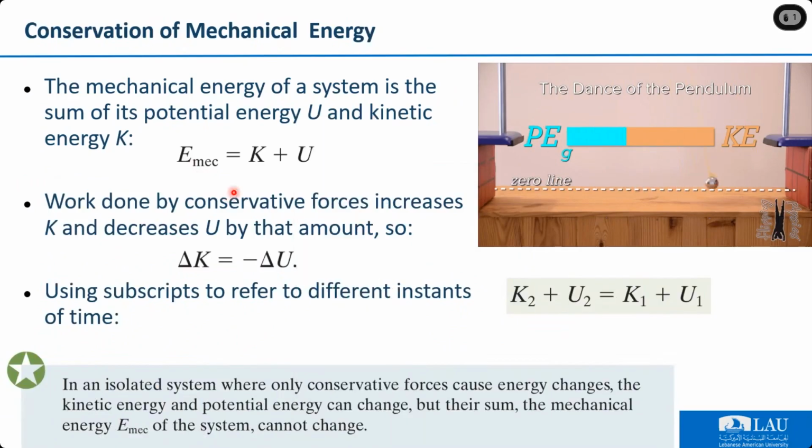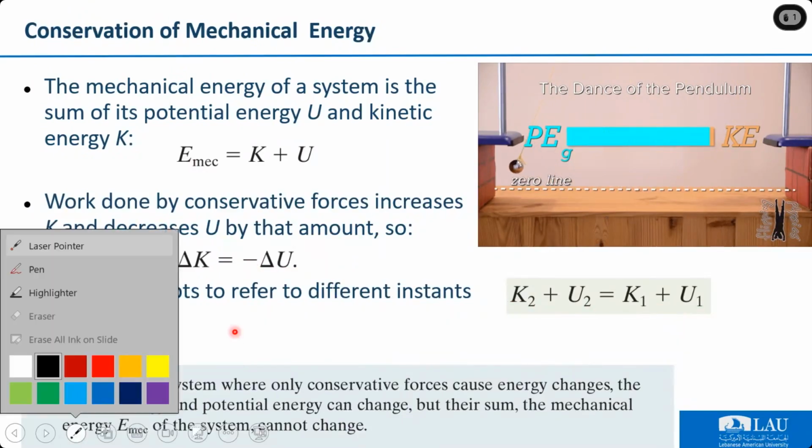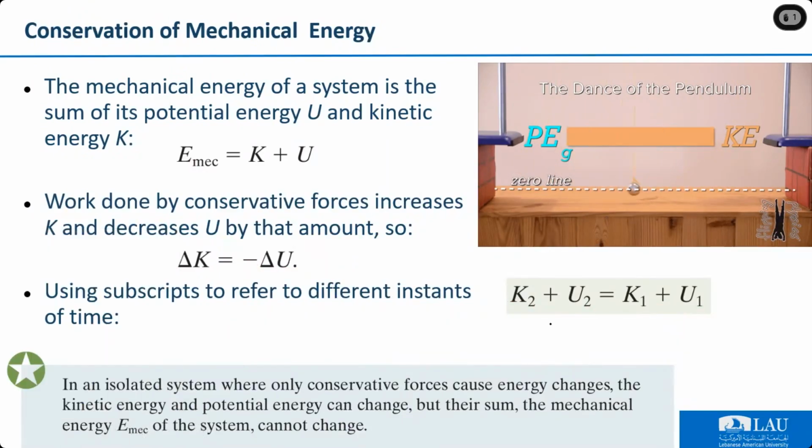And if I don't have any lost energy and no external forces, then delta K equals minus delta U, and thus K2 plus U2 equals K1 plus U1. I can write this as the total mechanical energy, E mechanical 2 equals E mechanical 1, when all forces are conservative.